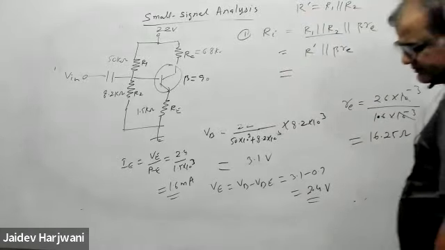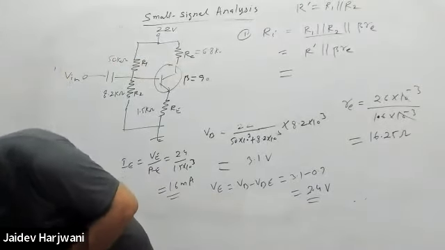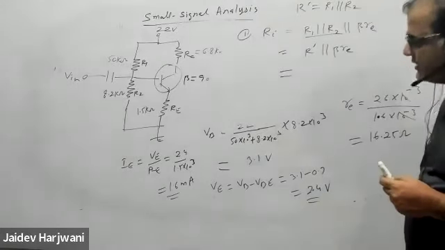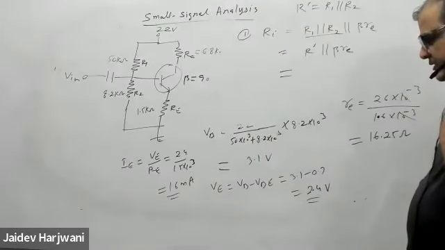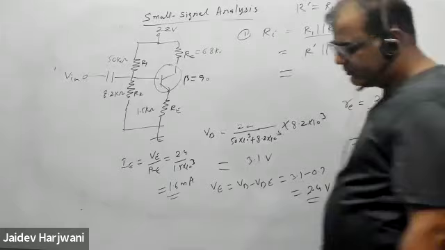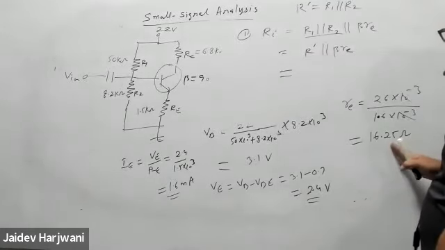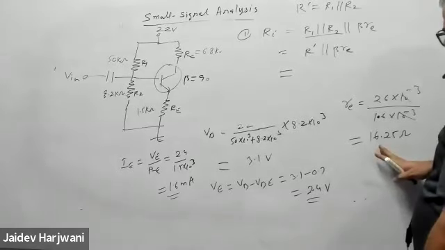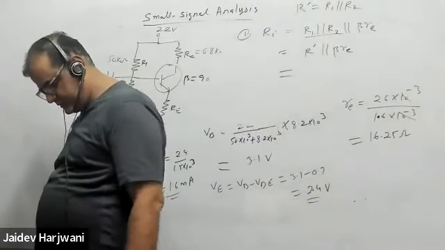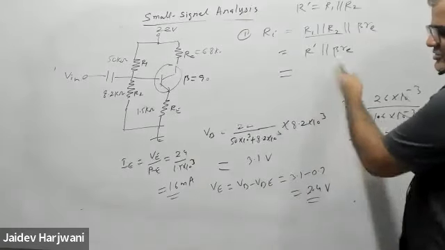Sir, did we consider C present there? C was present. So it should come around 1 point something. re is 16.25, and beta re is about 1.6 kilo ohm, and R dash is around 7 kilo ohm. So approximately it should come around 1.3 or 1.2.